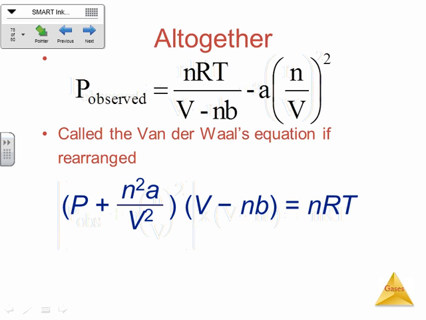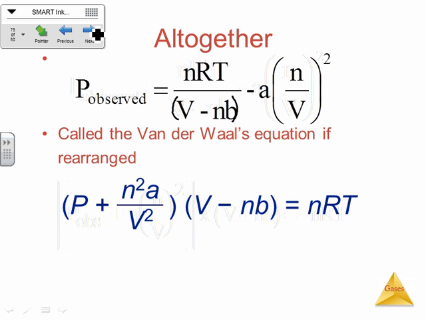So you put all of this stuff together, both of these corrections. The observed pressure is going to be nRT over V minus nb, so there's your volume correction, minus the correction for the pressure, which is a times n over V squared.